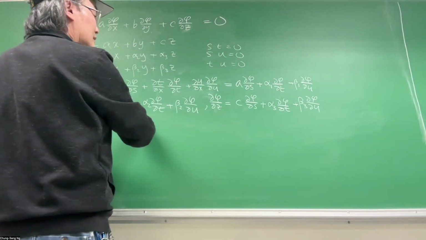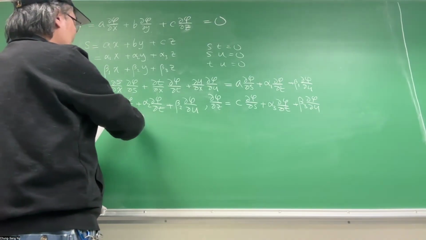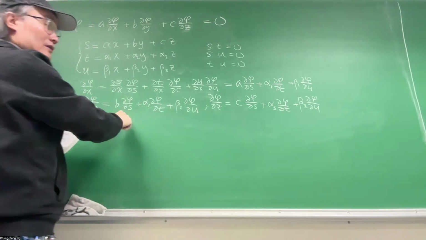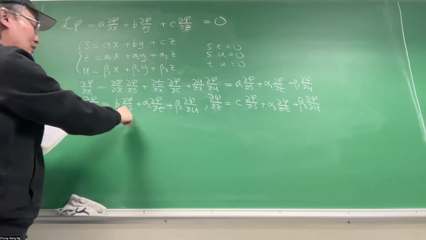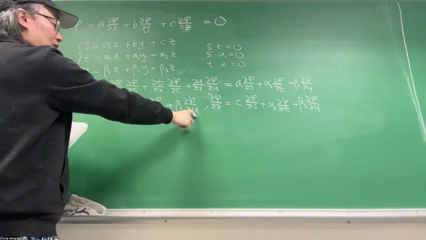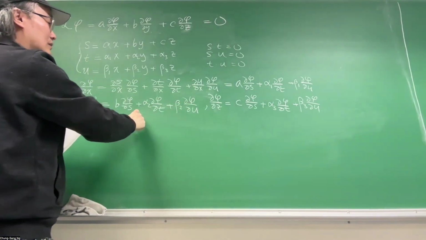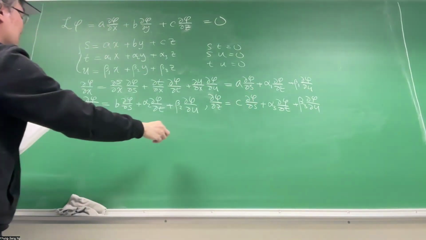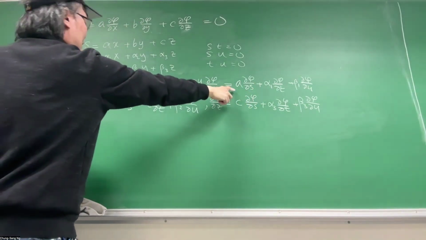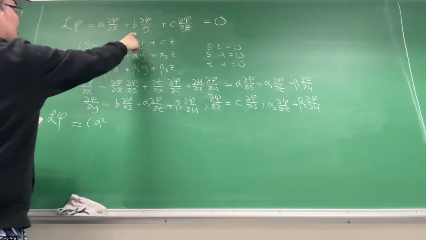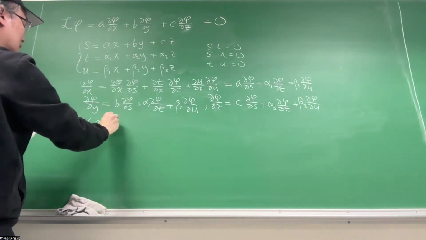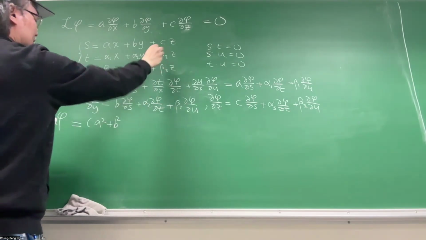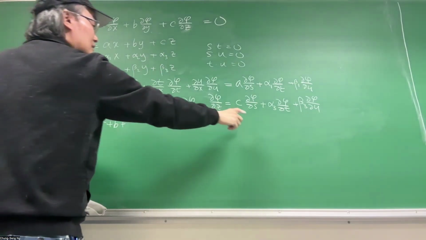Now you know that finally you need to group all the terms that depend on all these derivatives: partial phi partial s, partial t, partial u. So first group the partial phi partial s terms. You will have A times A, so A squared, and then B times B, and then C times C, right?